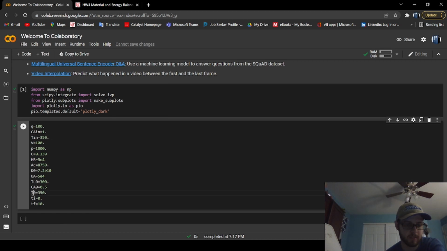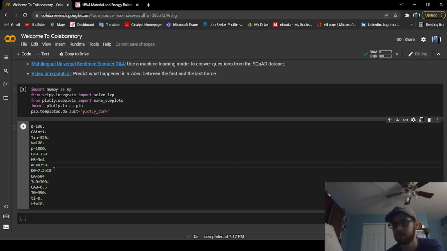So anything with big T is Kelvins. And then this volume is in liters. This density is in grams per liter. This heat capacity is in joules per gram Kelvin. I have my board here that tells me all of this. Enthalpy of reaction is joules per mole. Activation energy, also Kelvin.